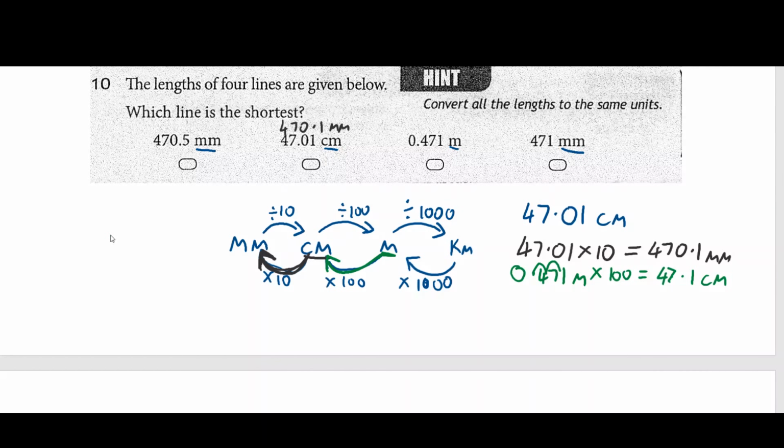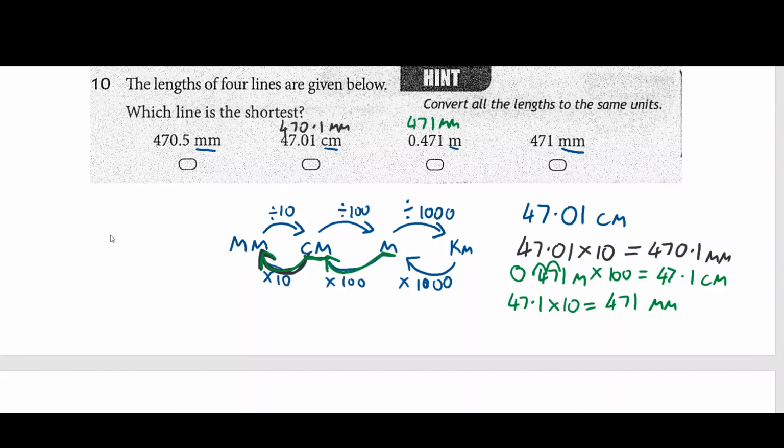Now I've got 47.1 centimeters. I need to go to millimeters now. So I'm going to times by 10, which gives me 471 millimeters.